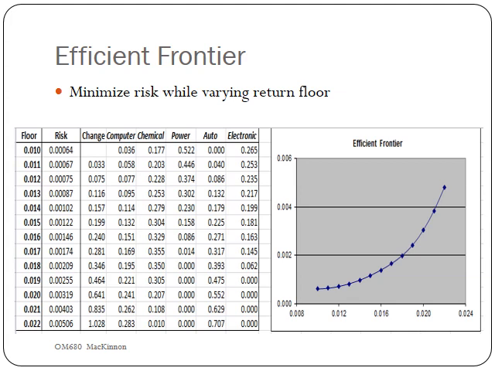We have something that we call the efficient frontier. If we minimize risk while we vary the return floor, we get a set of data points. We can graph them, and this is the efficient frontier. This is basically the area that gives us the risk that we want for certain minimum returns.